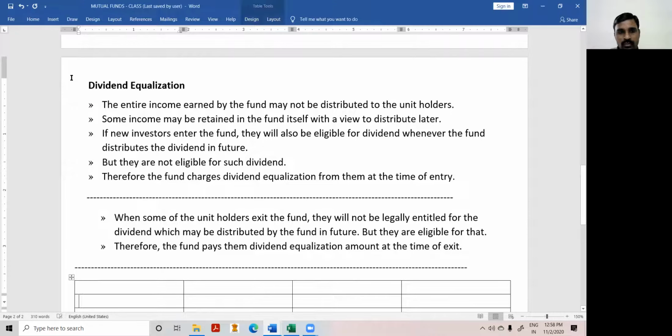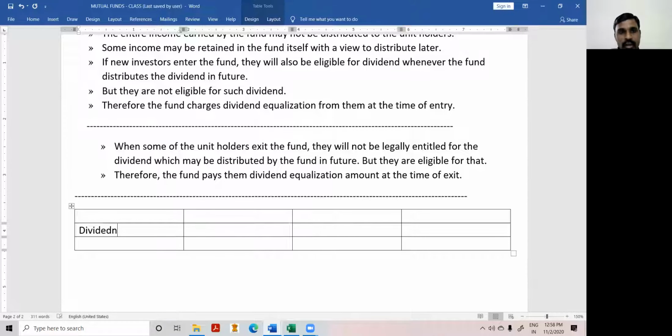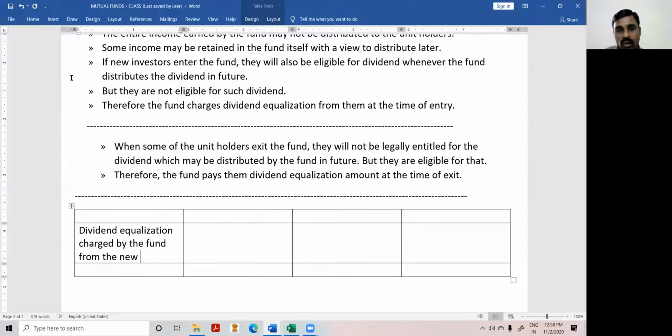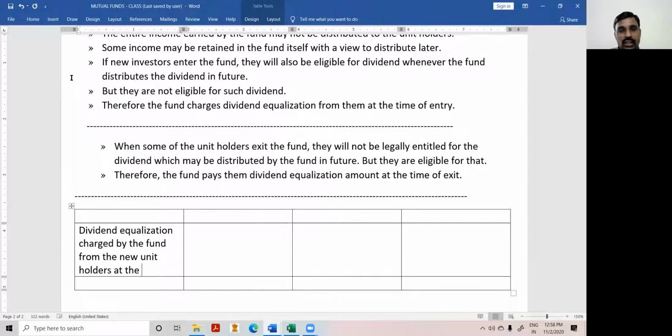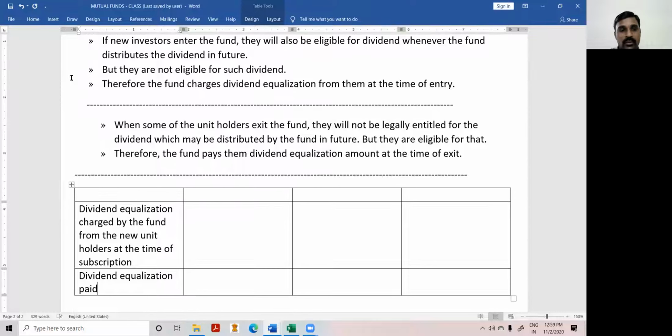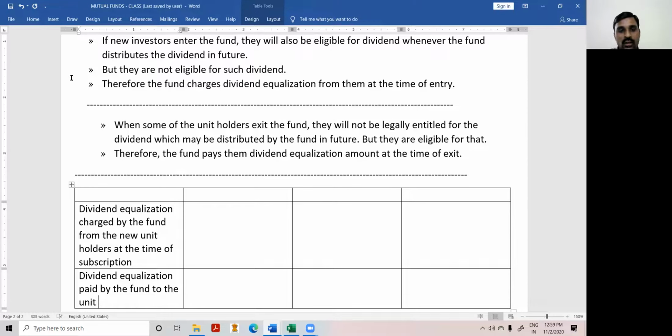Okay. Look at this. Dividend equalization is charged by the fund from the new entrant, from the new unit holders, at the time of joining, at the time of subscription. Next, dividend equalization is paid by the fund, not charged, paid by the fund to the unit holders at the time of redemption.